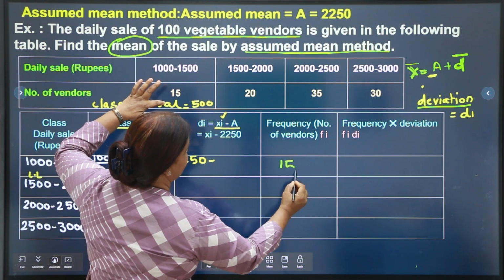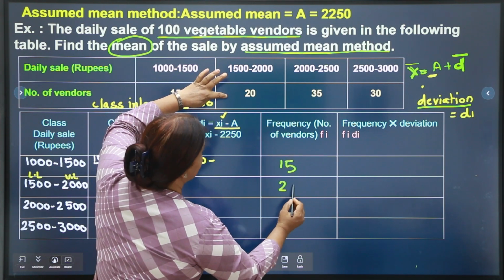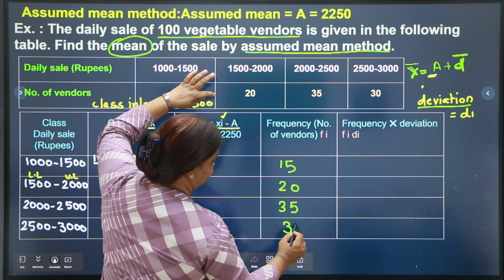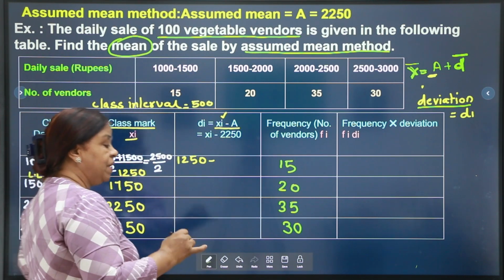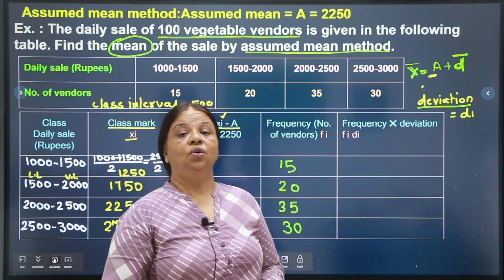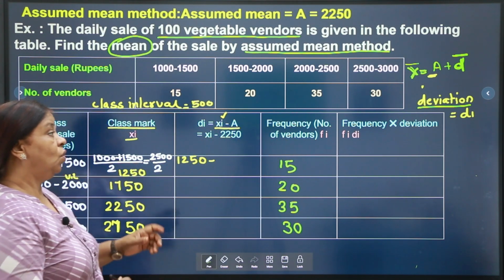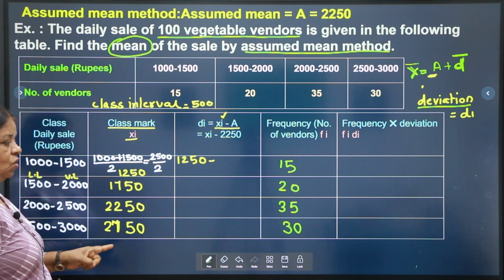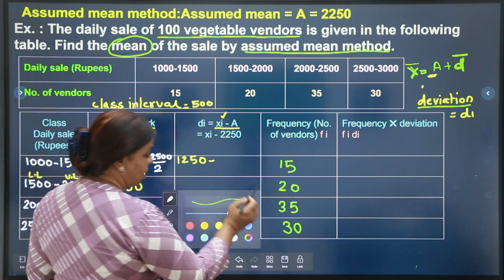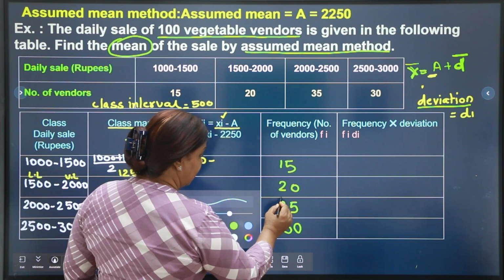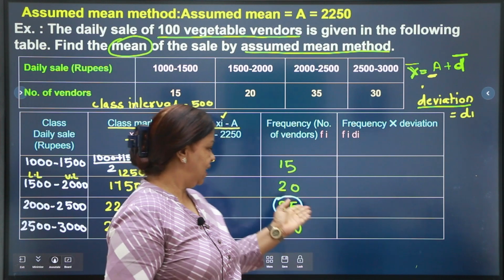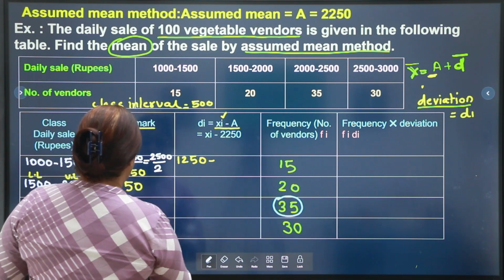The first one is 15, the second one is 20, 35, then 30. The assumed mean is generally selected from the xi whose frequency is the maximum. Here the maximum frequency is 35. So you can select the assumed mean here as 2250.